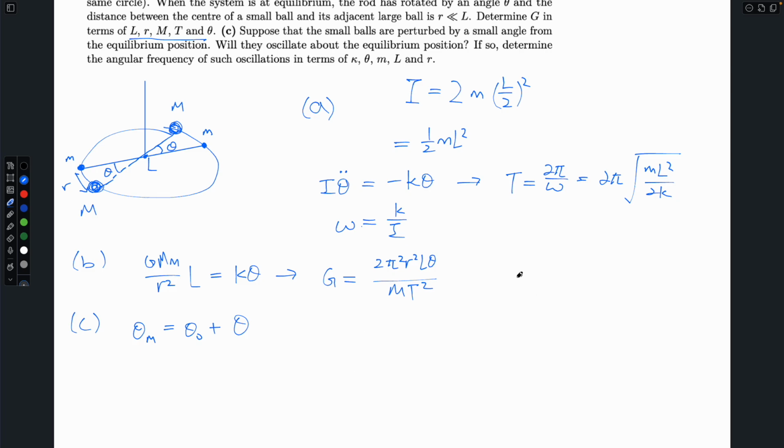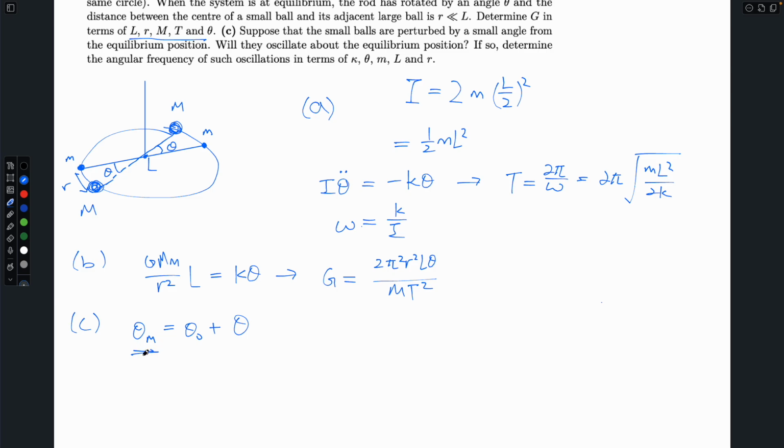Do you remember just now in the spring case, the spring hanging off the ceiling? I said that if we define y to be like this, and this is y naught and this is delta y, then y is equal to y naught plus delta y. It's basically the same thing here. You're defining a new variable. It's just that in this case, our variables are in terms of the angular coordinate.